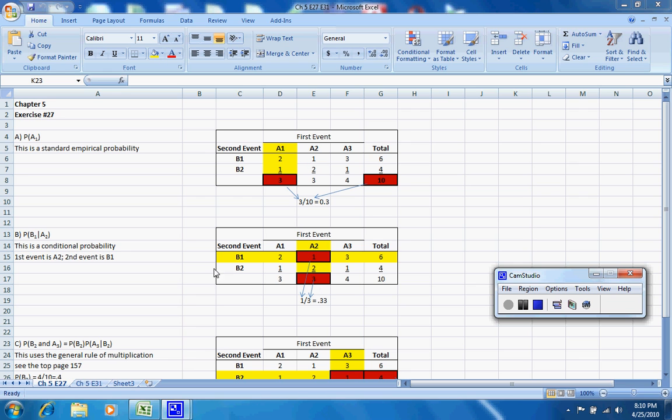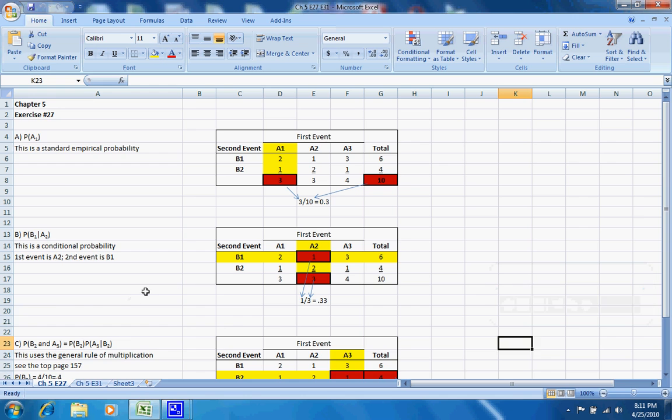Then if we look across in row B1, we can find that B1 has a possibility of happening one time in the A2 column. So overall, the conditional probability is going to be 1 out of 3, 1 divided by 3, or 33%.